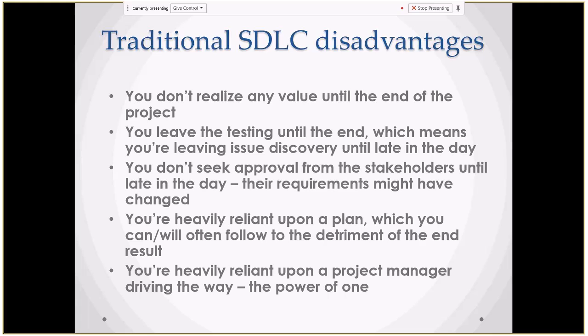We are heavily reliant upon a plan. We will have a Gantt chart, one task after the other, tasks will be completed, so we are relying on a plan. Of course, the project manager is a one-man show, the power of one. He will be the one leading everything, all the stages in this.